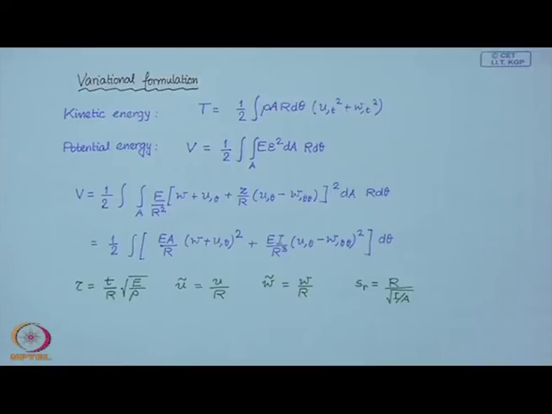Now, if you use these expressions, then the Lagrangian can be written as, so integrated over the length of the beam, so this is tau.